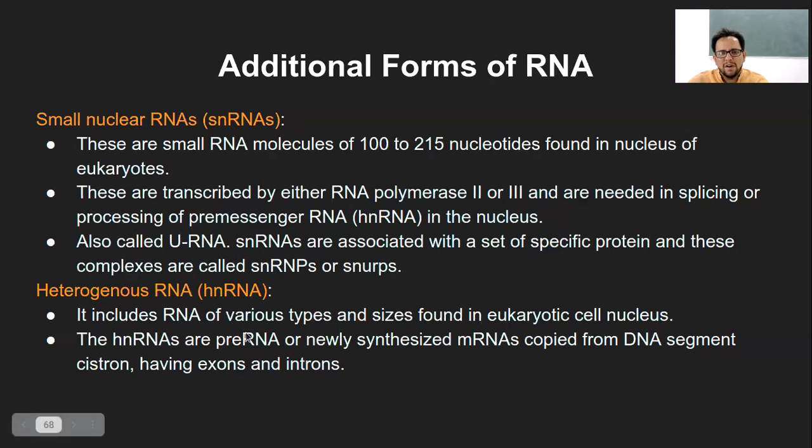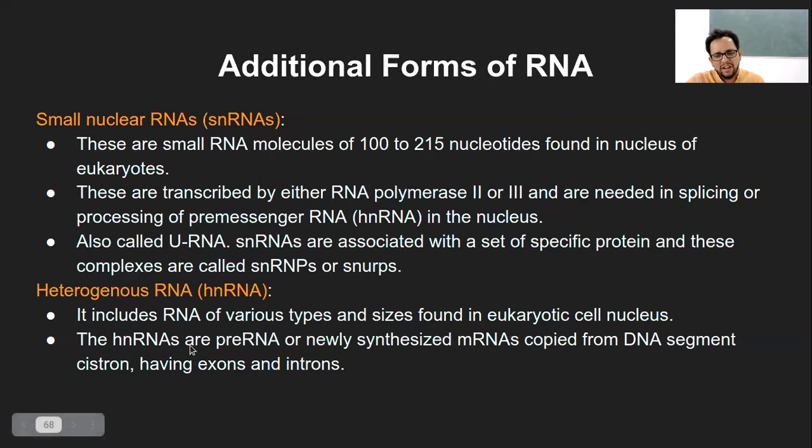The next type of RNA, which is additionally present apart from all the different types, is the heterogeneous RNA, also called hnRNA. That's what we had looked at earlier. It includes the RNA of various types and sizes found in the eukaryotic cell nucleus. That is the regular RNA.